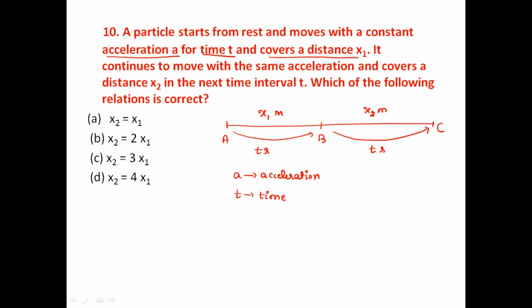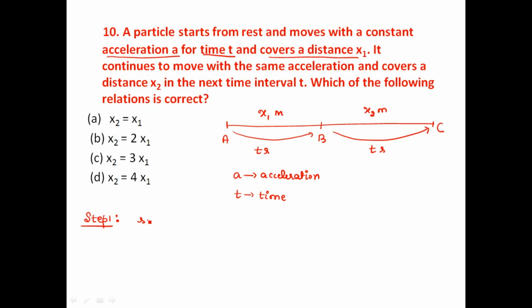Which of the following relations is correct, they have asked. So we'll now write the expression for an object to move from A to B. So what do we get? Let us divide it into several steps. Step 1, distance covered in first t seconds.